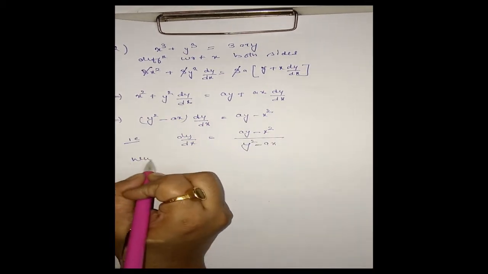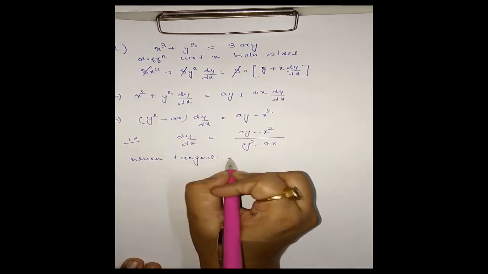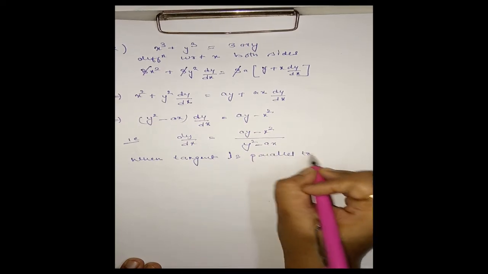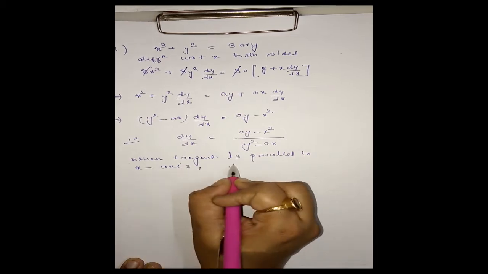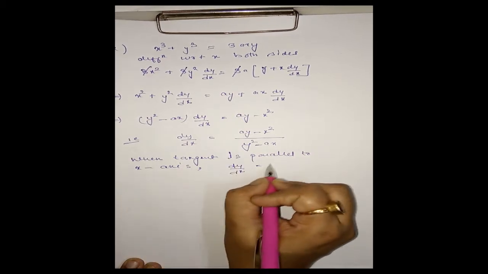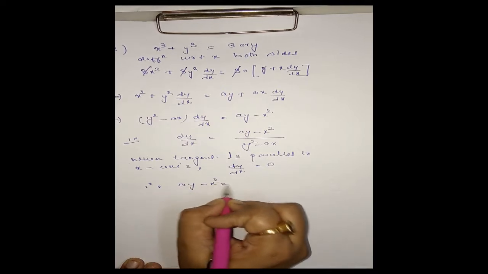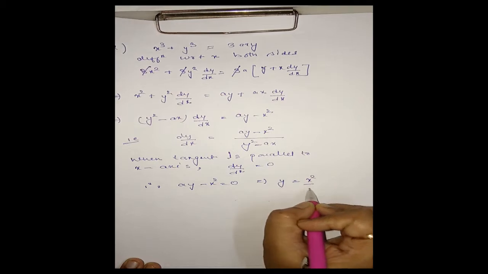When the tangent is parallel to the x-axis, dy/dx is equal to 0. Therefore ay - x² = 0, that is y = x²/a.